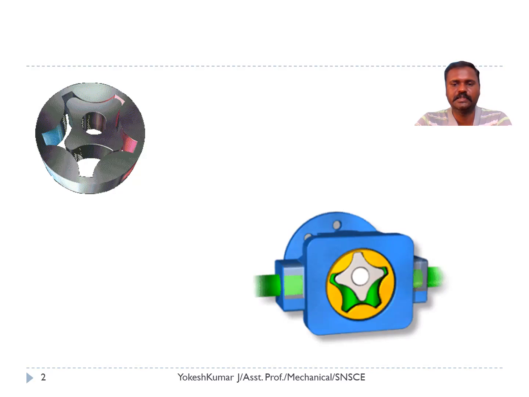Coming to the diagram at the bottom, this is the outer casing, and inlet and outlet ports are there. When you pass the fluid, it touches the teeth of the gear. Coming to the working, the oil from the reservoir under atmospheric pressure is pressurized in the pump.